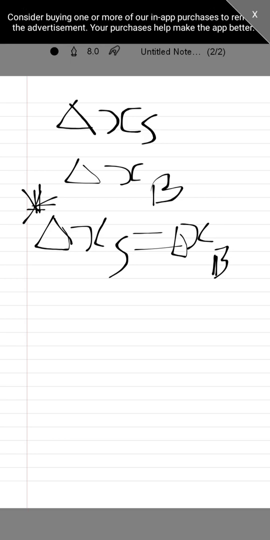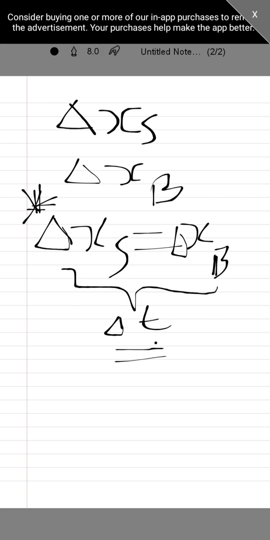Actually, the time at which this happens, where the silver and the black spaceship are at the same position, is the time of overtaking. This is the time where the silver rocket has a chance to overtake the black spaceship.